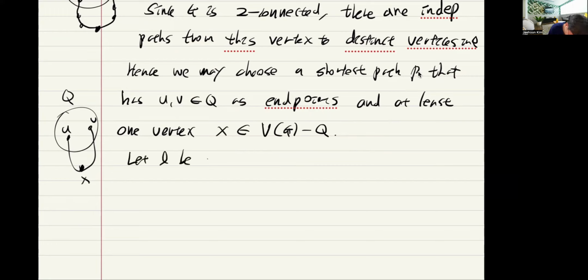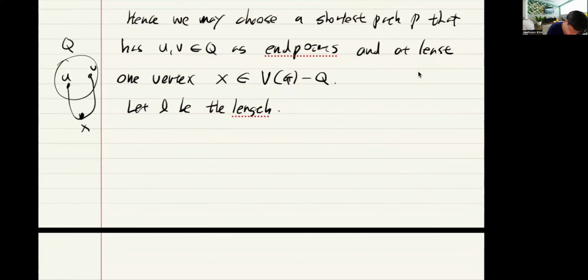Let L be the length of this path. Then what happens?